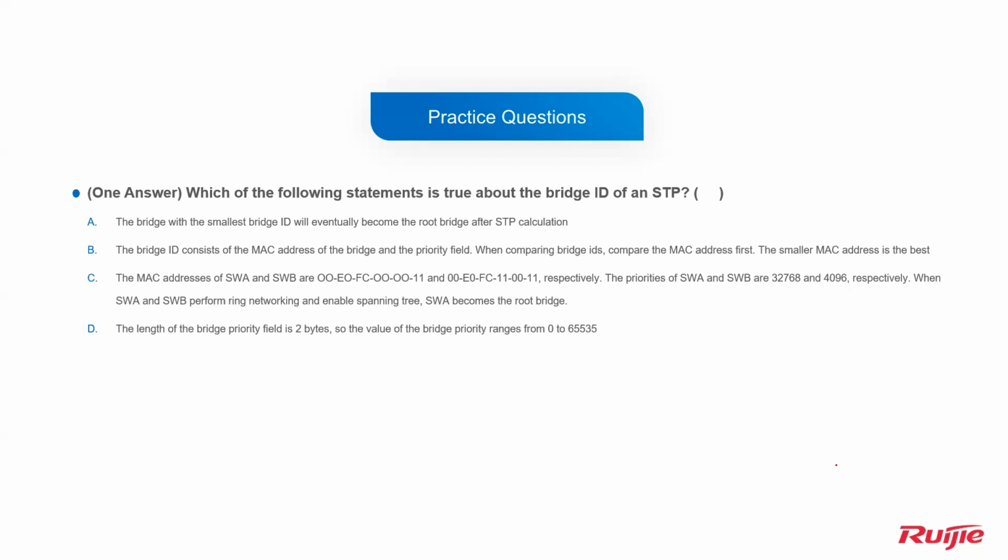D, the length of the bridge priority field is 2 bytes, so the value of the bridge priority ranges from 0 to 65535. Actually, it's wrong, right? It ranges from 0 to 61440, and the step is 4096. Okay, so here we choose A.